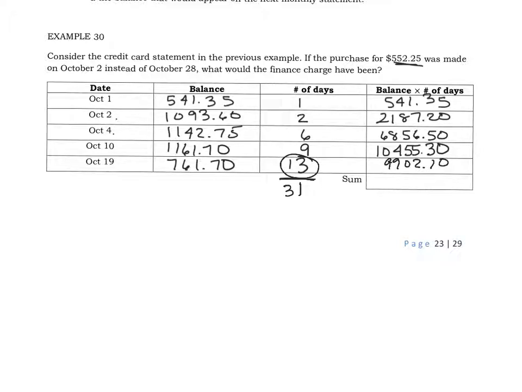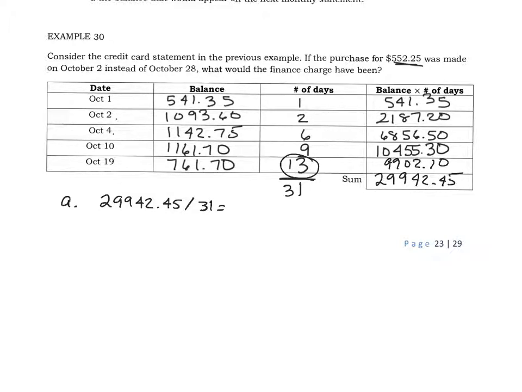So let's go ahead and find the sum of our balance times number of days. Okay, and remember to get the finance charge, which is what we were asked for, I need to find our average daily balance. There were 31 days.